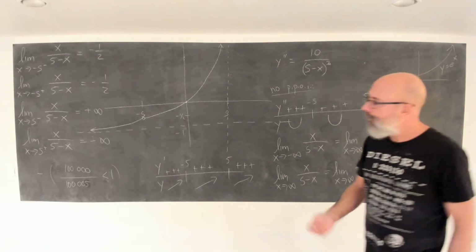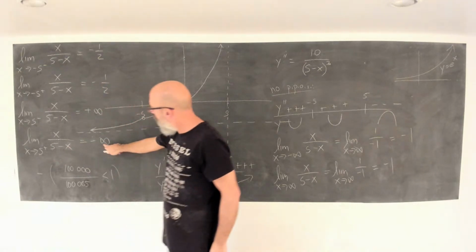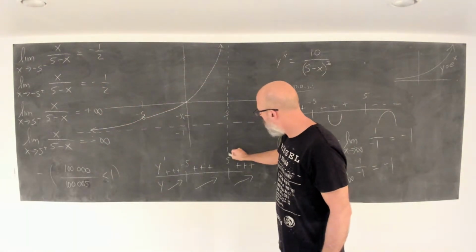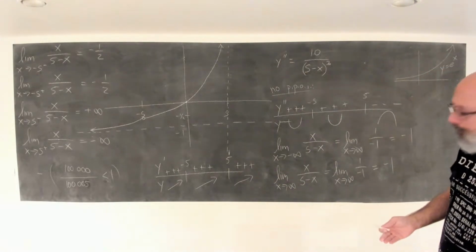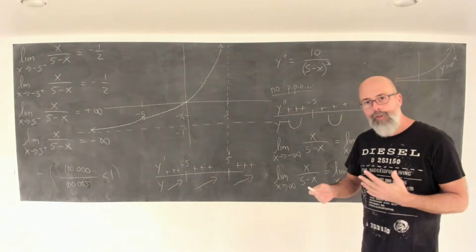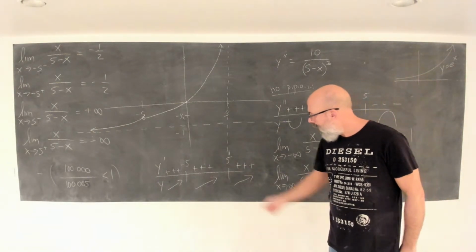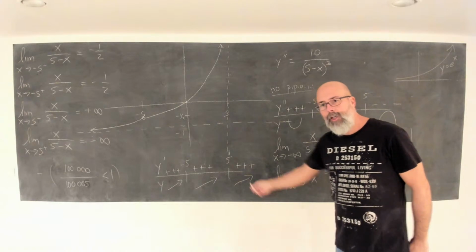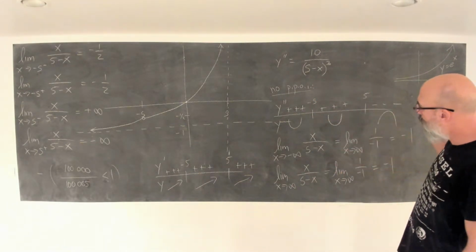After 5, where are you? After 5, you're at negative infinity. You better be increasing, right? So again, this is a way for you to verify that your work is not incorrect. You are increasing, concave down now, forever.